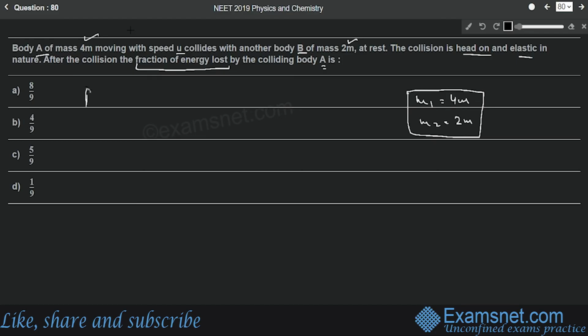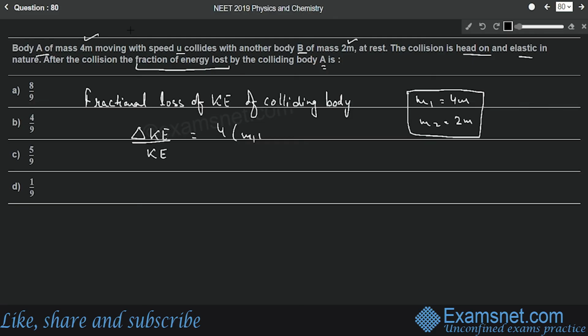So the fractional loss of kinetic energy of the colliding body, that is body A, delta KE by KE, is given as 4 m1 m2 divided by m1 plus m2 whole square.